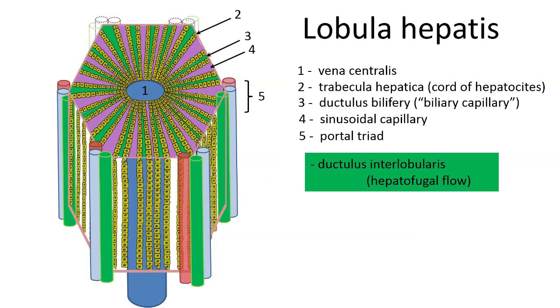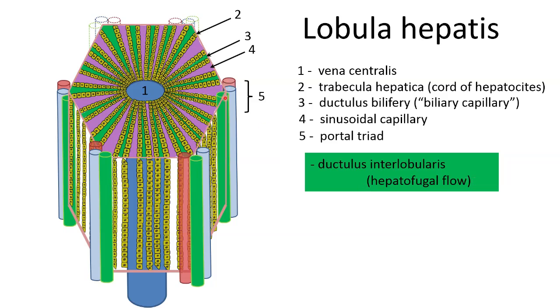These 3 vessels we can name this way. Green is the ductulus interlobularis. Practically, it isn't a vessel, it's a special bile-containing duct, a small duct. That's why it's written ductulus. Ductulus means small duct with small diameter. What does hepatofugal flow mean?